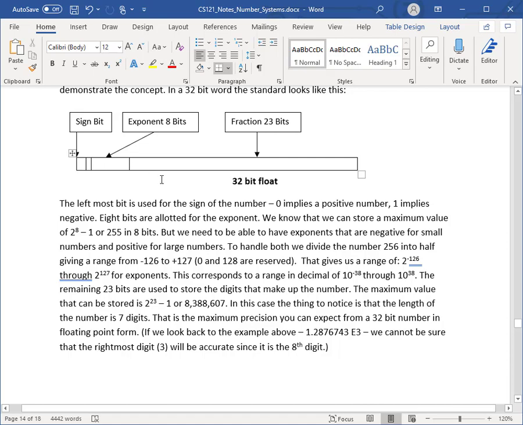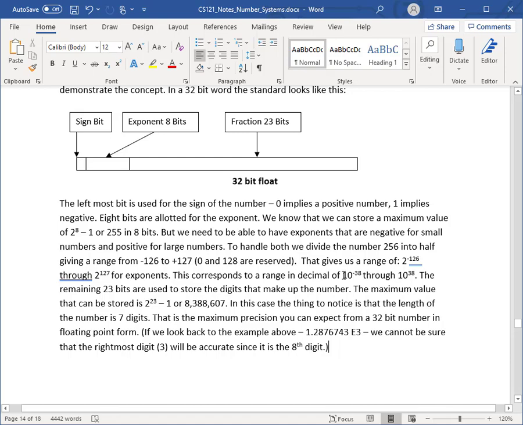That leaves us with just 23 bits left for the number. So the maximum value that we can store is 2 to the 23 minus 1, or 8,388,607.